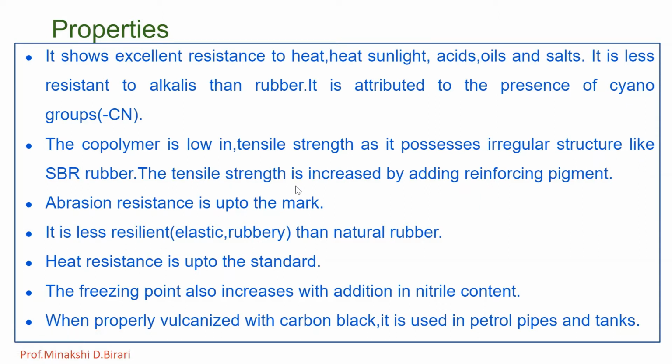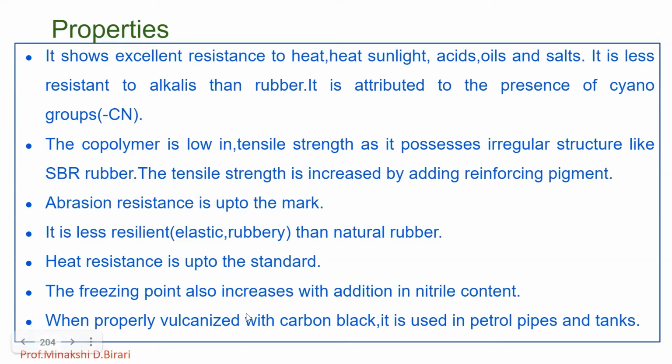The tensile strength is increased by adding reinforcing pigment. Abrasion resistance is up to the mark. Also it is less resilient, that is elastic or rubbery, than natural rubber. Heat resistance is up to the standard, and the freezing point also increases with an increase in nitrile content.